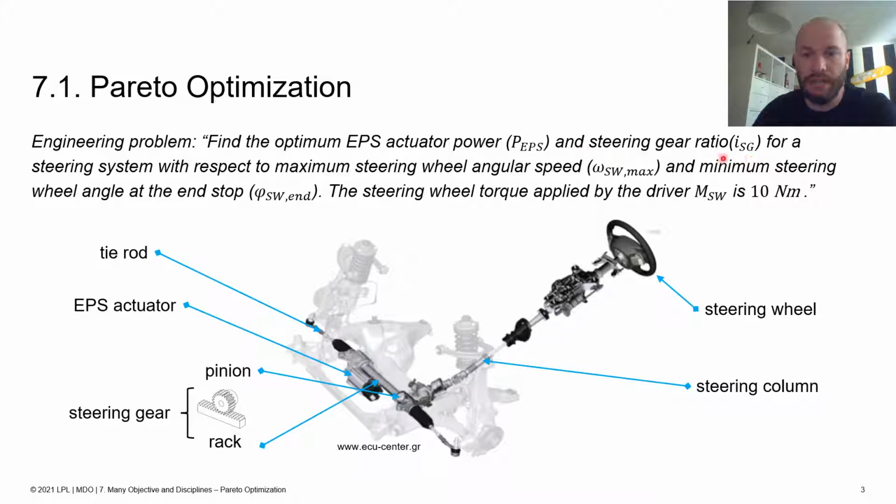Those are the design variables for the steering system with respect to two quantities of interest, which are the steering wheel angular speed, omega, and a minimum steering wheel angle at the end stop, which is phi. The steering wheel torque applied by the driver is set to 10 Newton meters.